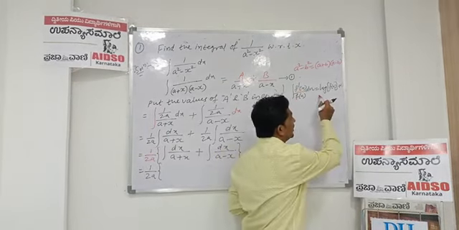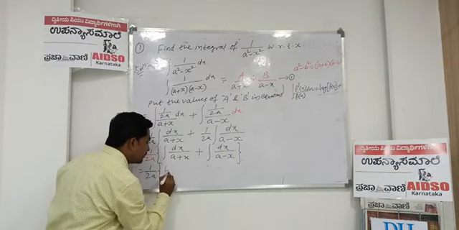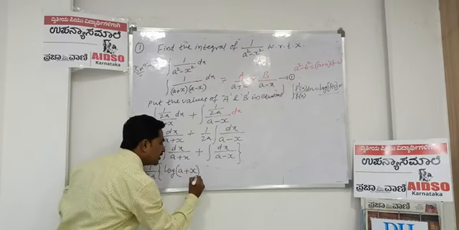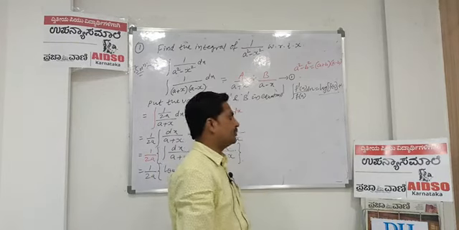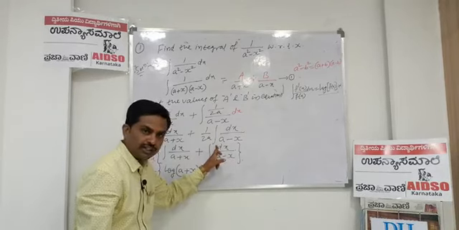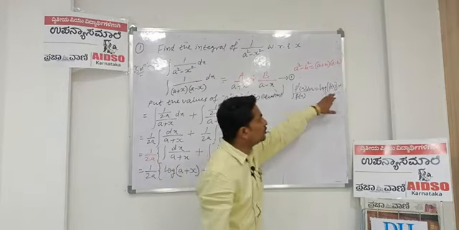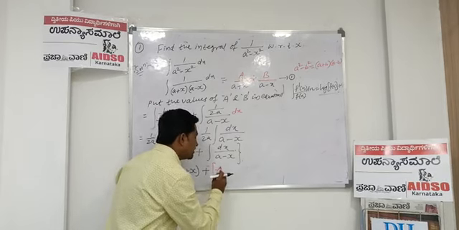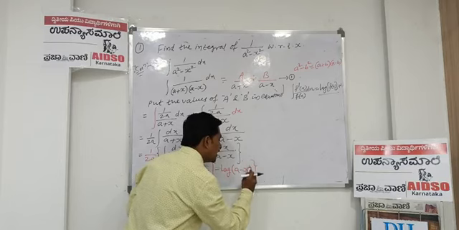Then what will be its answer? Log f of x. So this entire answer I am writing as log f of x, where f of x will be equal to a plus x, so it is log of a plus x. Similarly, the derivative of x will be equal to what? 1 here, but here it is with which sign? Minus sign. Of course it follows the same form, but it is with minus sign, so it will be minus of log of a minus x.